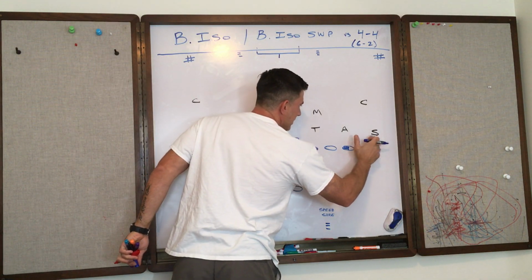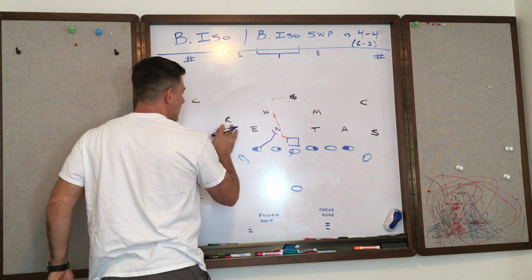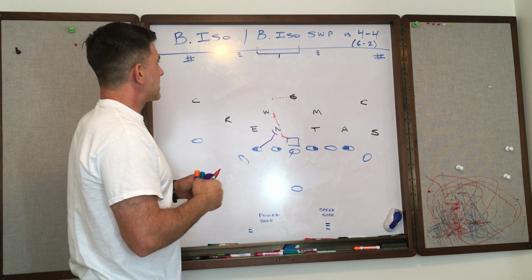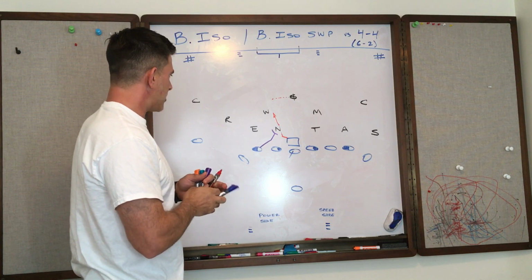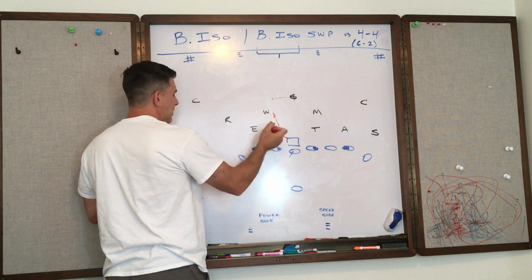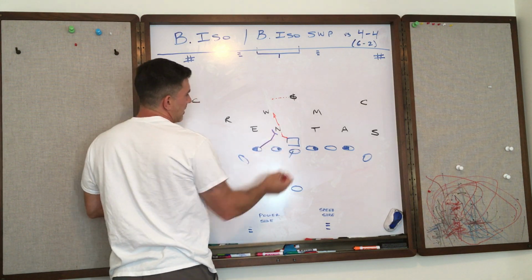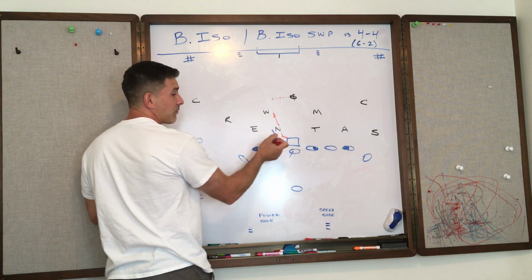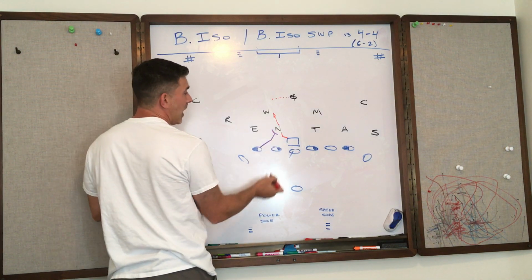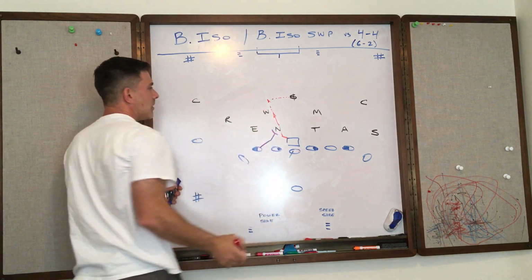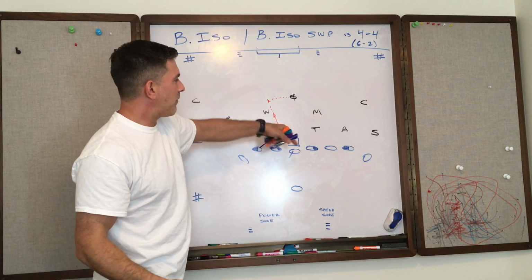That goes kind of without saying. It's within the family, 6-2, 4-4. The center's going to try to reach the play side A gap. We're not going to have the center reach a 2-eye. We can have him reach a 1 technique, but not a 2-eye. And then he's going to be going for that stacked defender.